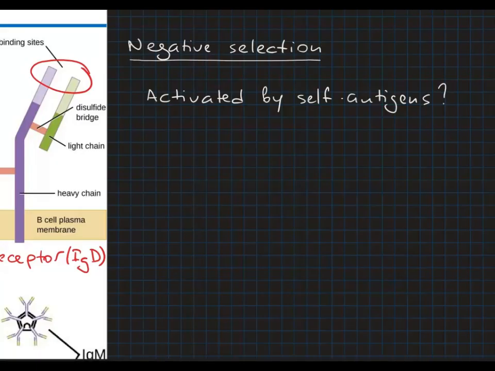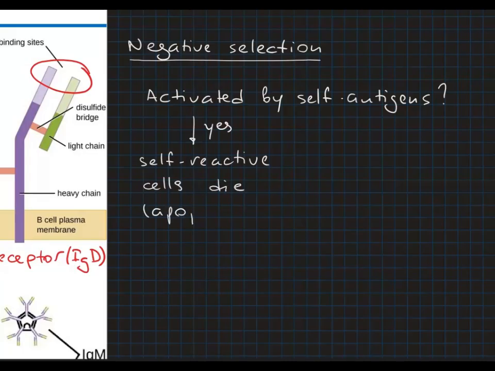There are two possible answers. One answer is yes. You don't need those cells. You don't need self-reactive cells, right? So self-reactive cells die in the controlled cell death known as apoptosis.